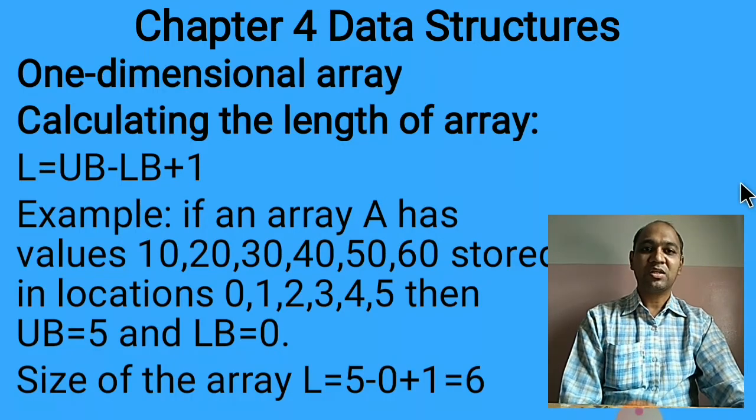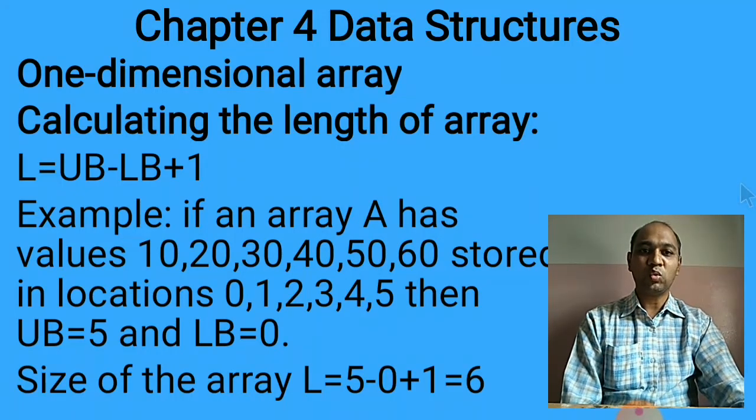So next, size of array L = UB - LB + 1. UB is 5 minus LB, LB is 0, so here you can write 0 plus 1 as it is. So 5 minus 0 is 5, 5 plus 1 is 6. So hence the length of the array is 6 in this case.